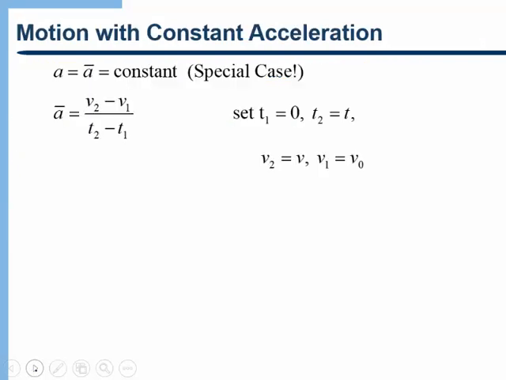Okay, let's go ahead and derive a couple of these just so you can understand where they come from. We're also going to make an important notation change here. Instead of using 1 and 2 for initial and final, we're going to change our notation. No subscript at all means final.